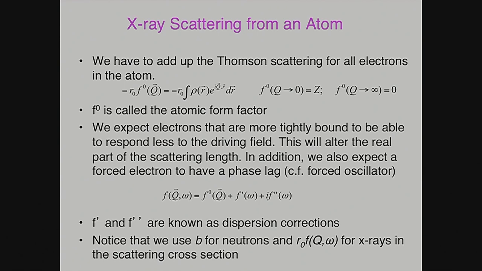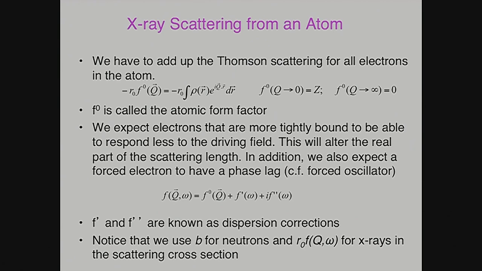So if we want to figure out what the scattering is from an atom, we've got to add together the scattering from all of the electrons in the atom. That means that the scattering has to be integrated over the density of the electrons in the atom with this phase factor, the ubiquitous phase factor that we just mentioned before.